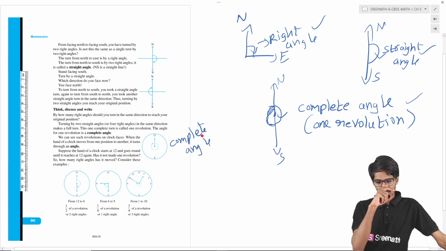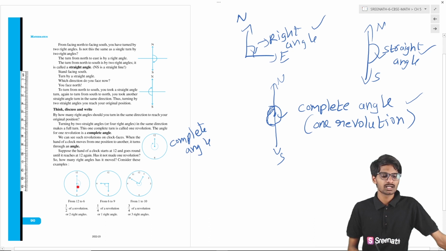Suppose whenever the hour hand is at 12, it has reached the number 6. So we say that it is how much? It is a straight angle. That means the original position is quite opposite to the final position.